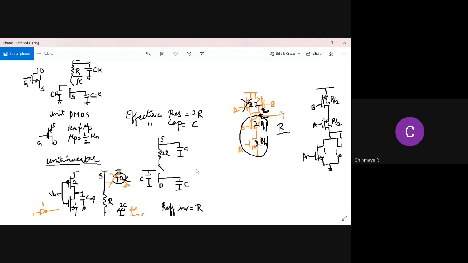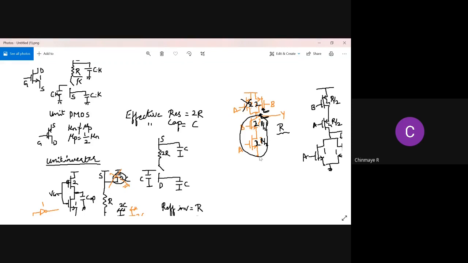So now, assuming that the unit inverter has WP by WN equal to 2 by 1, we try to size the transistors of a NAND gate so that the effective resistance of each branch that we see here is equal to R, right? So first we did the NMOS side.